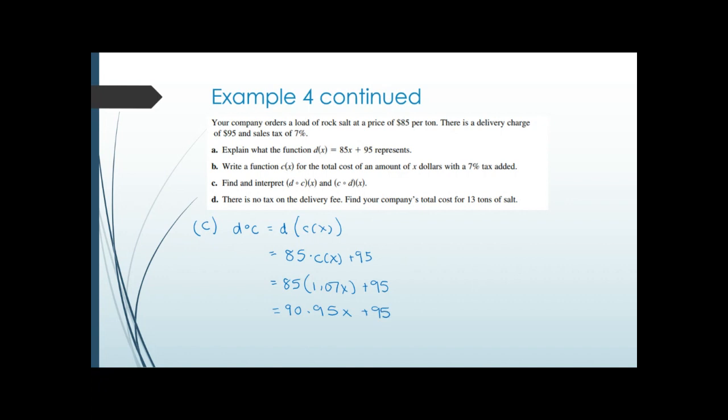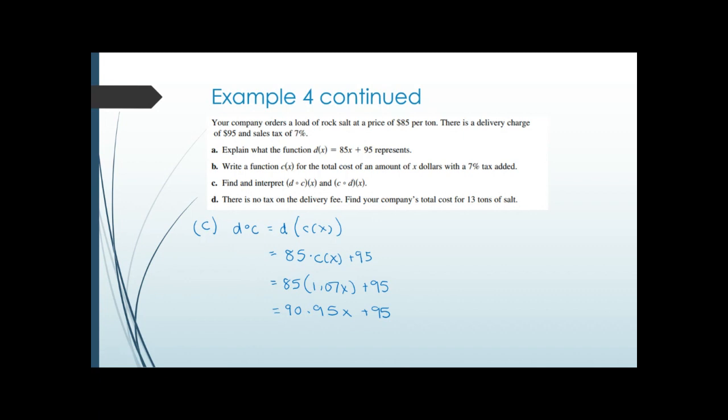So it says find and interpret. So if we look at this, c of x is basically the total after tax. It tells us how to calculate tax. So when we plugged it in this way, the part with tax is only added to the $85, the price per ton.